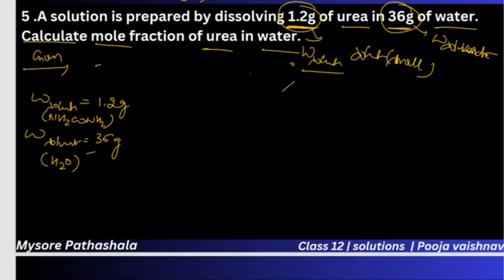So what is the formula? Mole fraction of urea, it means that is solute, right? So N, number of moles of urea, divided by number of moles of urea plus number of moles of water. This is the formula.